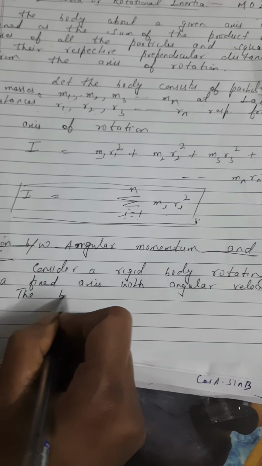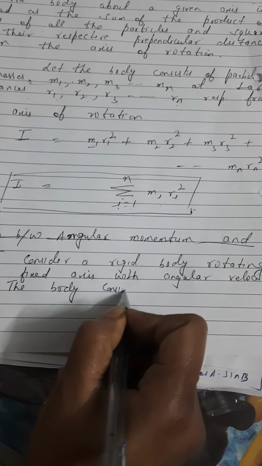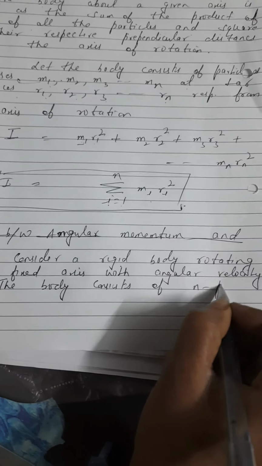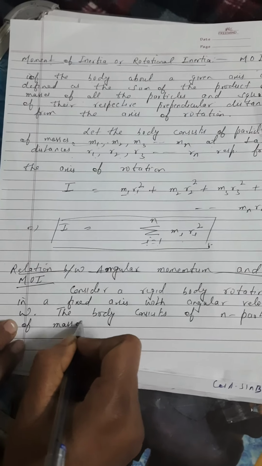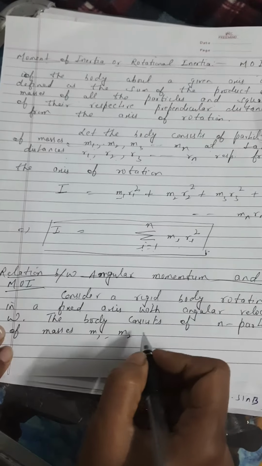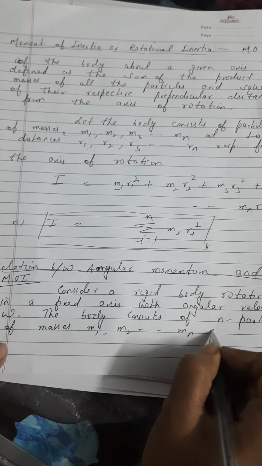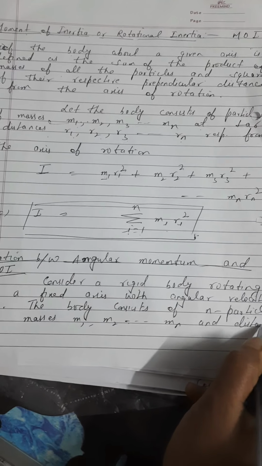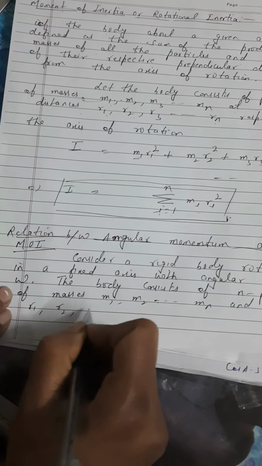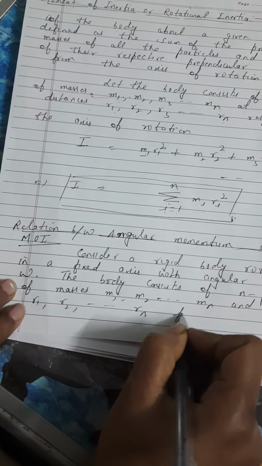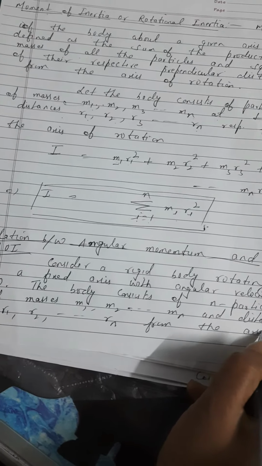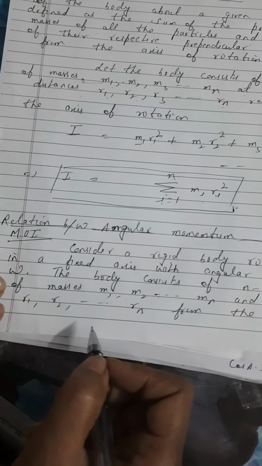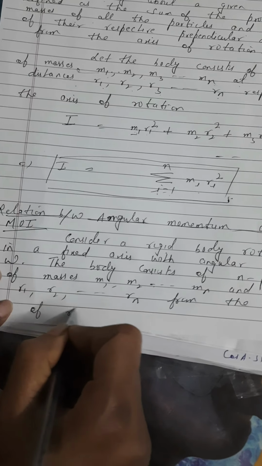The body consists of n particles of masses m1, m2, up to so on mn, and distances r1, r2 to so on rn from the axis of rotation, as we have taken in the definition of moment of inertia. Clear?